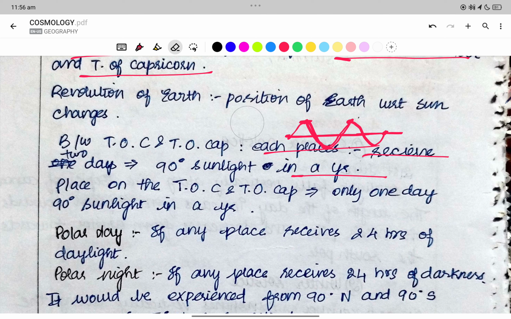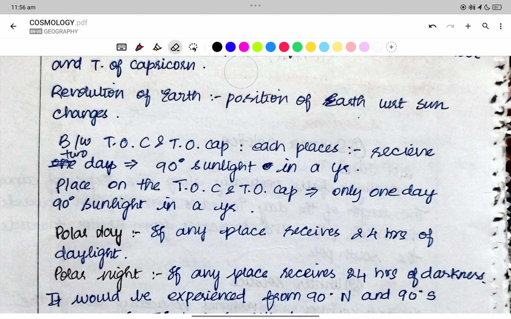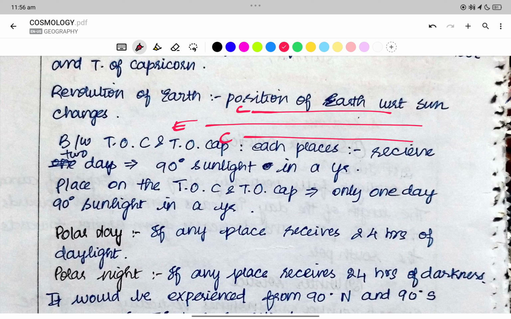Between the Tropic of Capricorn and the Tropic of Cancer, this is Cancer, this is Equator, this is Capricorn, right? It starts from here, it goes up, again comes down. This is one cycle. So the Tropic of Cancer and Tropic of Capricorn receive the vertical sun rays only one time.